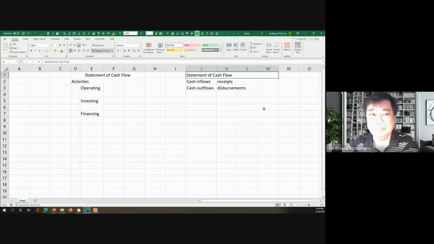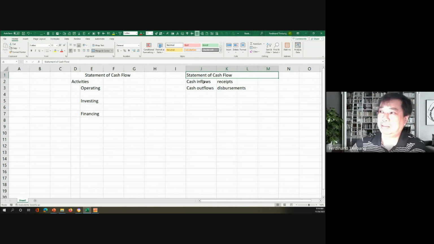So instead, binayaran ka ng bonds, tapos kapalit ka ng inventory. So in that case, hindi papasok sa statement of cash flow yan. Everything that should be included in the analysis of the statement of cash flow only involves cash. Basta't hindi cash ang ginamit, to receive o kaya to pay, hindi papasok sa statement of cash flow.